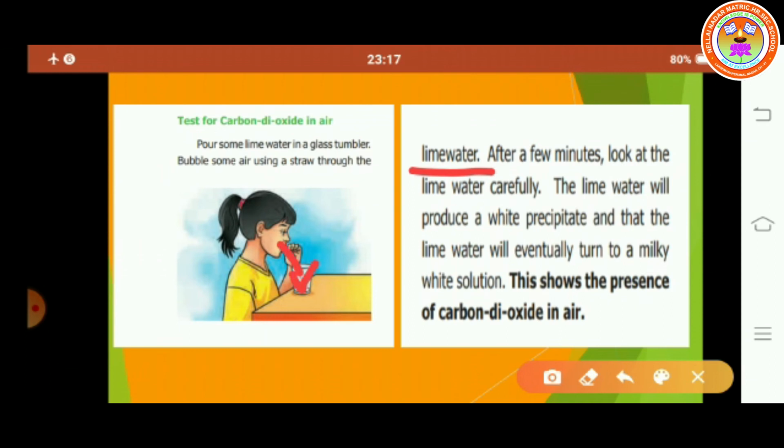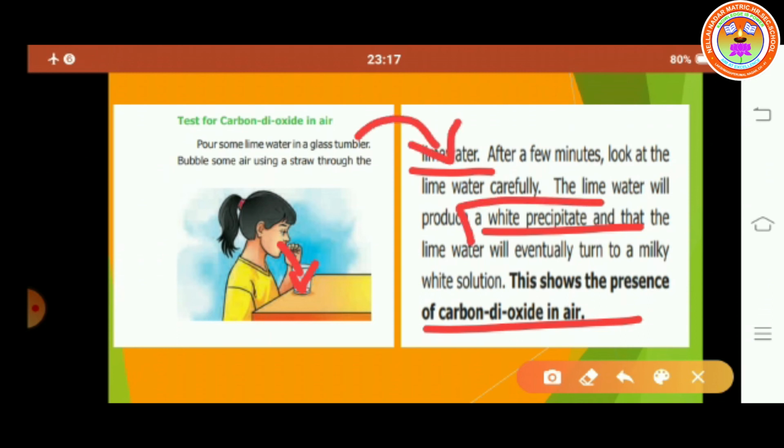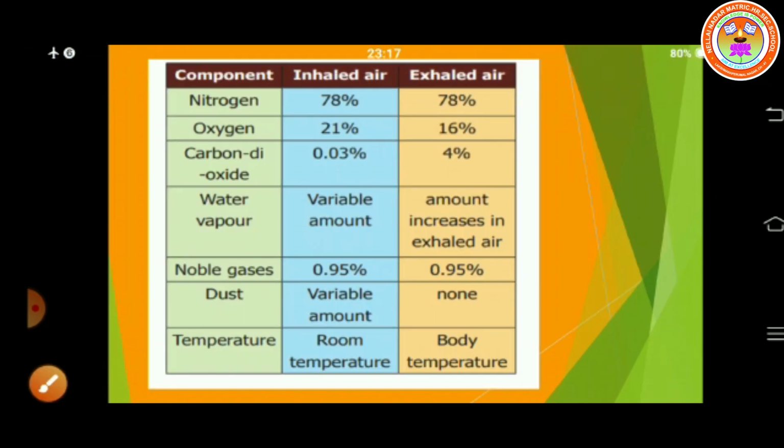After a few minutes, look at the lime water carefully. The lime water will produce a white precipitate and eventually turn milky white. This shows the presence of carbon dioxide in air. So carbon dioxide reacts with lime water to produce a white precipitate that indicates the gas is carbon dioxide.